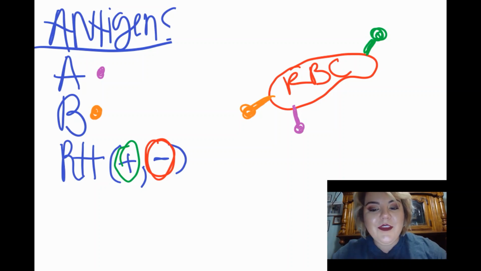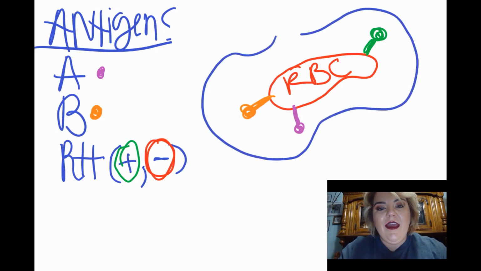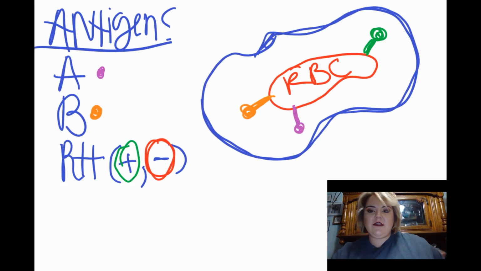So what would this blood type be? If you had a red blood cell, and you've seen these 3 antigens on the surface, because that's where antigens are found. They're found on the surface of our red blood cells.